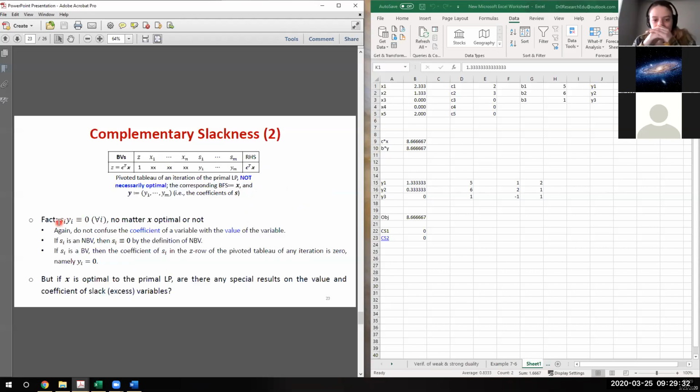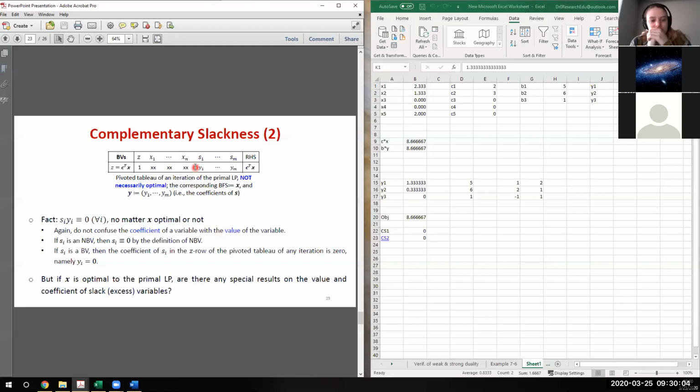So I claim that si yi must be 0. Forever it is 0. Why? Because I'm going to discuss two cases. If si is a non-basic variable, then by definition, non-basic variables are 0. So of course, si times yi equals 0. The second case is si is a basic variable. Then for a basic variable, what's going to happen? In a pivoted tableau, remember the simplex tableau method?